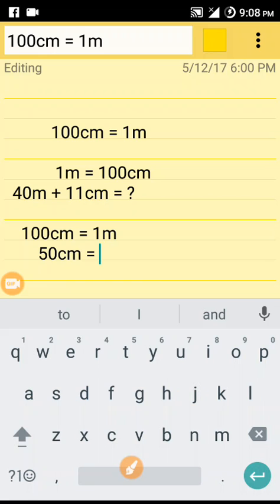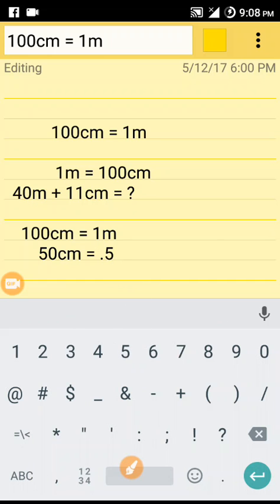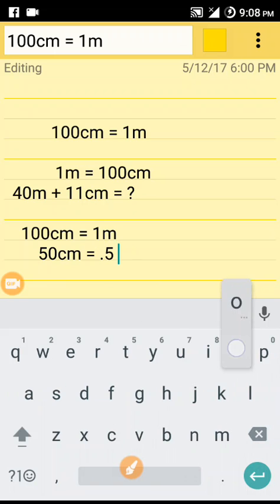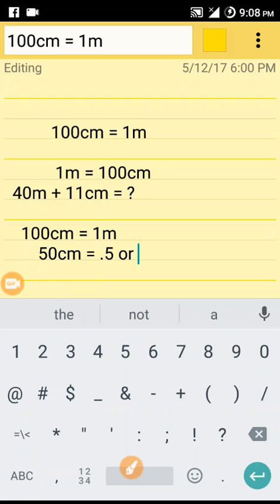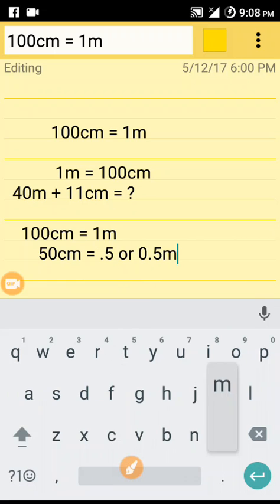Half of 1 is what? Point 5. Or we can say that it is 0.5 meters. Isn't it?